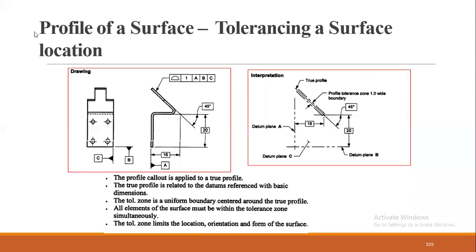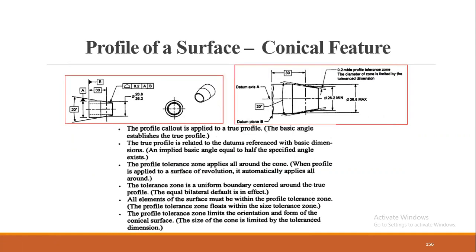If I have an inclined object, what will I do? I will create a tolerance zone for this inclined line and measure it using a gauge. If the gauge deflects within the tolerance, it's acceptable. If not, then it will create a difficulty.